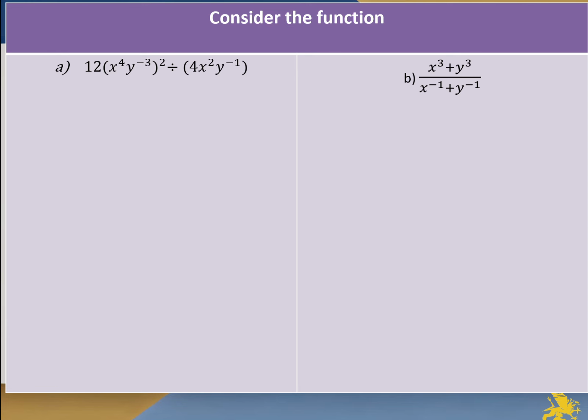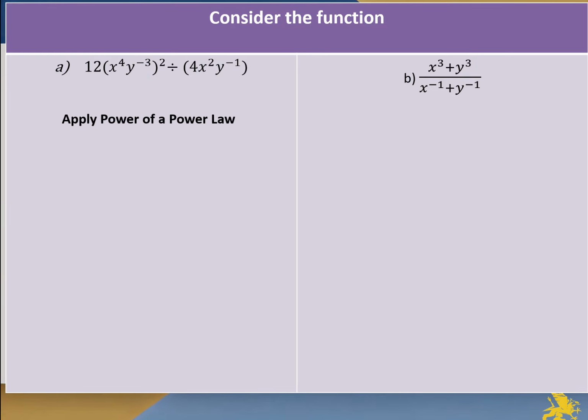To start off, I've got 12 in brackets, x to the power of 4, y to the power of -3, to the power of 2, and we're dividing by 4x squared y to the power of -1. First, we are going to get rid of these brackets and apply the power law.